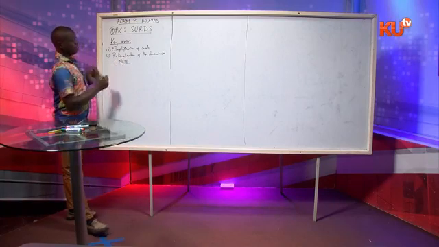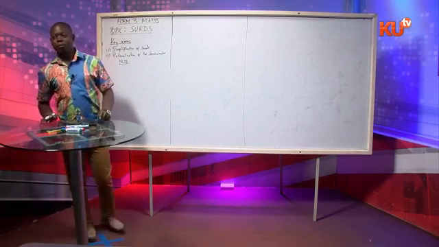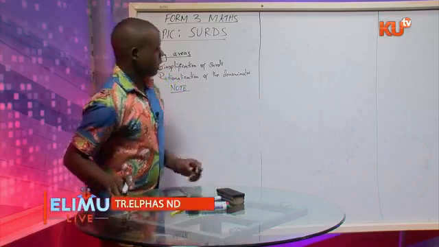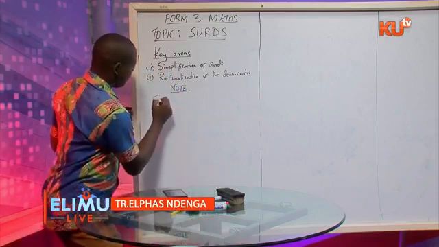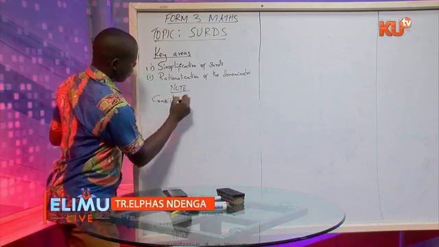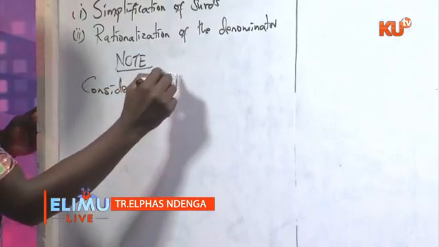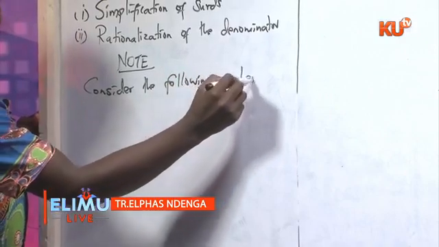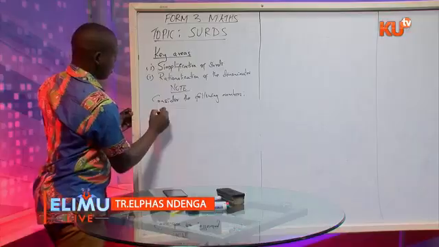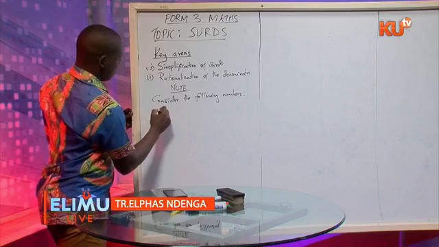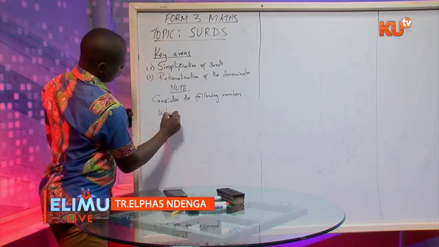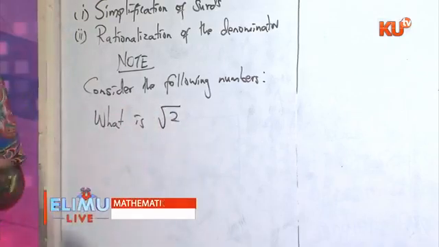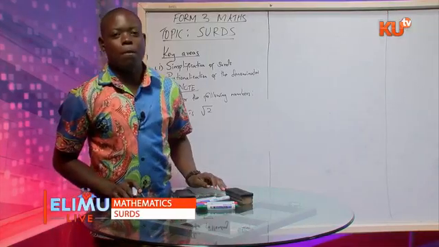First of all, students, you need to know what a surd is. Before we get into that, let's consider the following numbers. Does anybody know what root 2 is? What is the value of root 2?